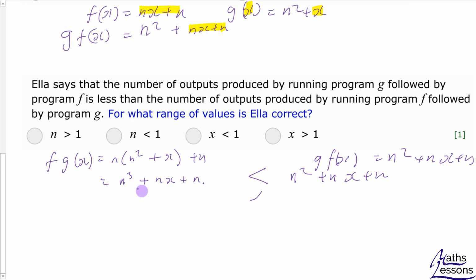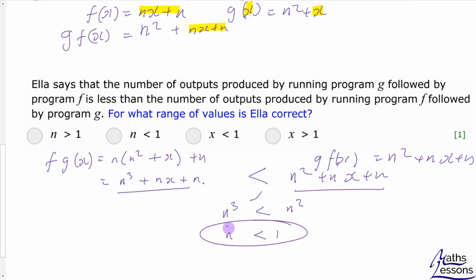It looks like they're trying to solve n cubed is going to be less than n squared, I think. And then if you divide both sides by n squared, because it's a positive number, we can do that, because anything squared you get a positive number, and so therefore we can divide by that. We get n is less than 1.